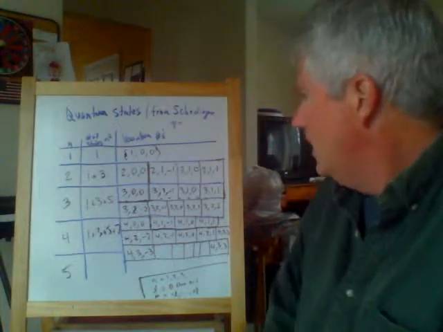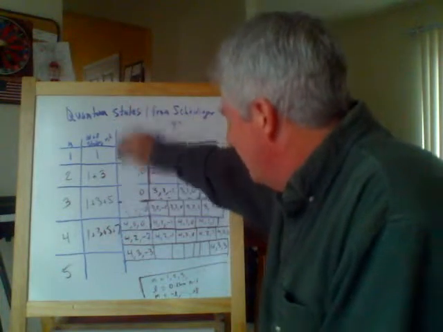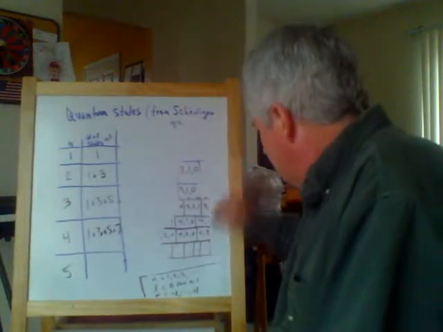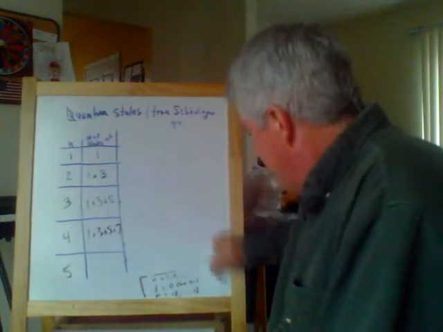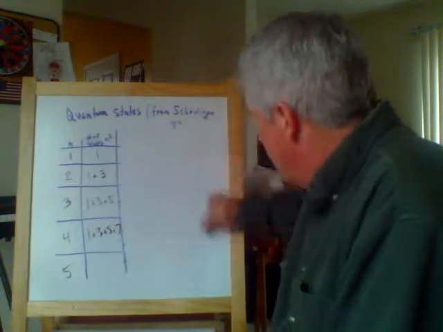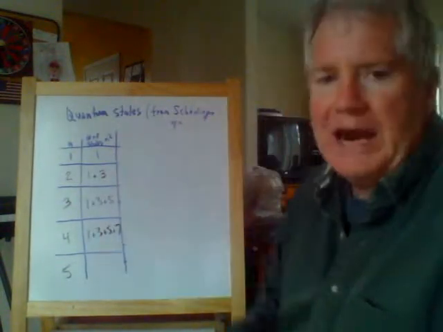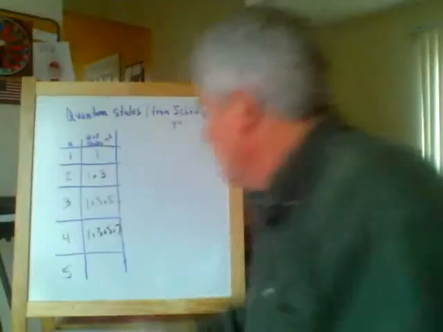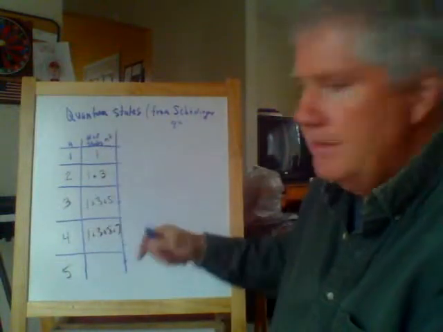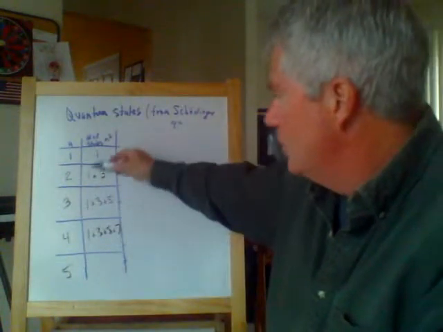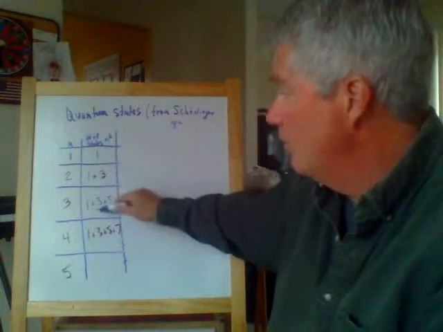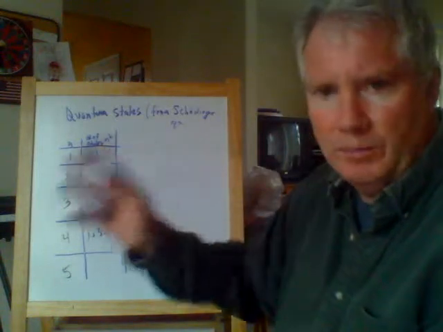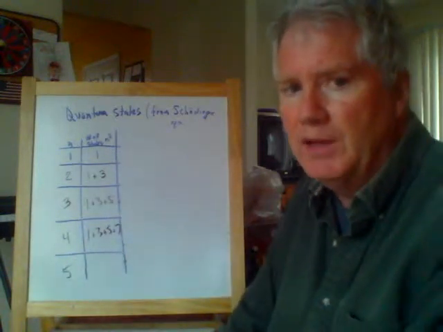Okay. Now, one of the key takeaways here that I want to highlight for a second. I'm going to erase all the gory details here on the right, and I'm going to leave the other two columns up here just so I can make a comment that these numbers are highly significant. It's highly significant that as n goes up, the number of discrete states goes up by starting at 1, then 1 plus 3, then 1 plus 3 plus 5, and then 1 plus 3 plus 5 plus 7, etc. This is highly significant when it applies to the periodic table, as you'll see coming at any point now.